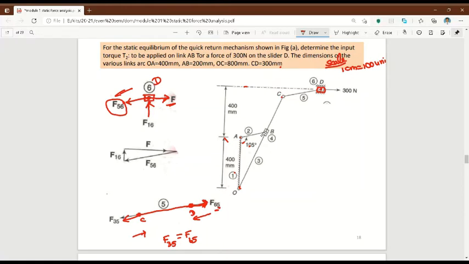What is the next link for 5? 6. That should be given first. So here I have written F65. Same thing, same value, F65 only, but I am writing it as F56. So we have finished this free body diagram. This diagram is a free body diagram, and this is also a free body diagram.